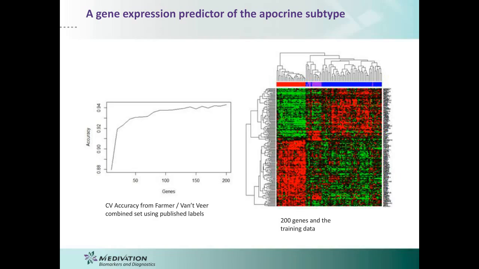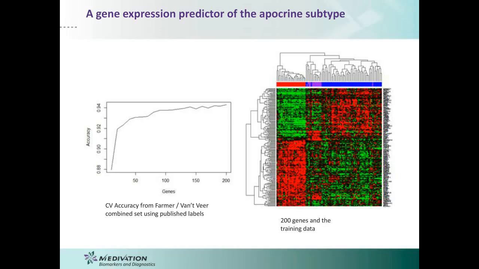We used a simple linear modeling based strategy in order to determine a set of genes that were predictive of these three classes. And what's shown on the left is the accuracy of that classifier across cross-validation test sets relative to the number of genes that were used in the model.